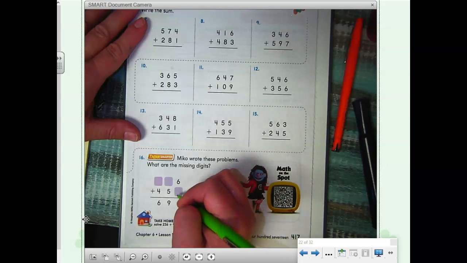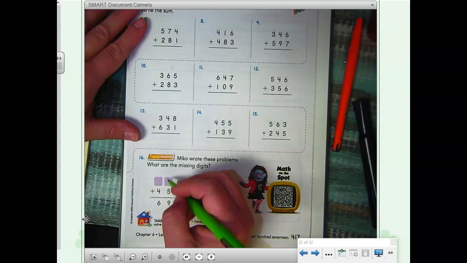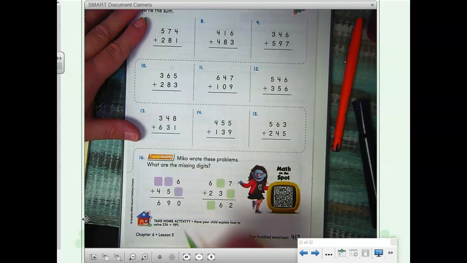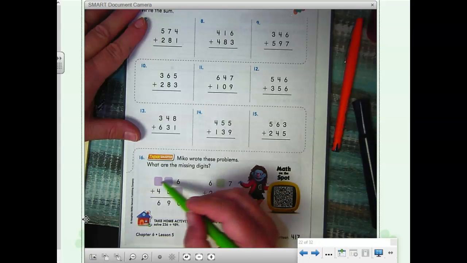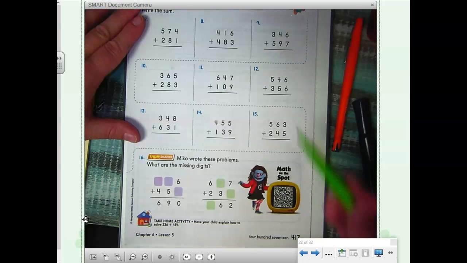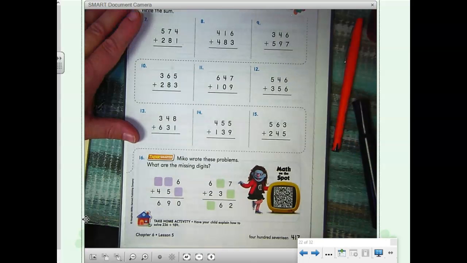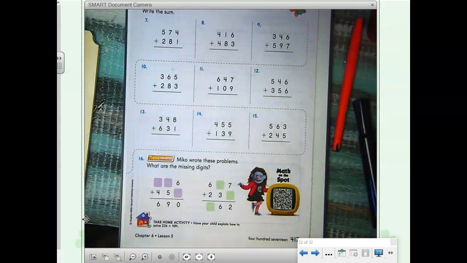What did you add to get this? So you did some regrouping somewhere. It's a little tricky. All right, so if you can't figure this out, go on ahead and watch the Math on the Spot that's linked to the video. You can try it. If you're having trouble with it, go on ahead and watch the video. You're only going to do this page, 417, today, and then we'll go over it on Monday. Do your best.